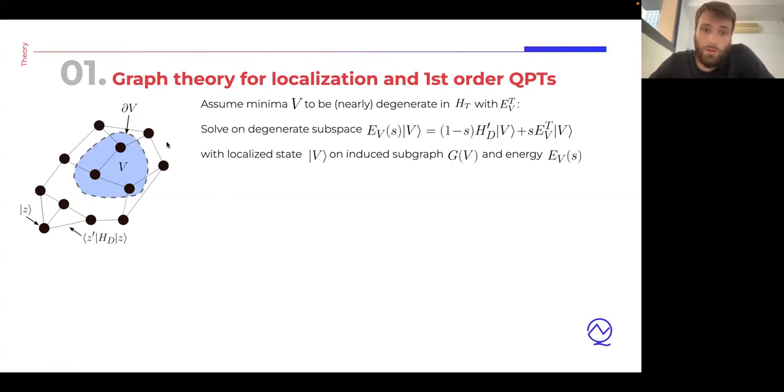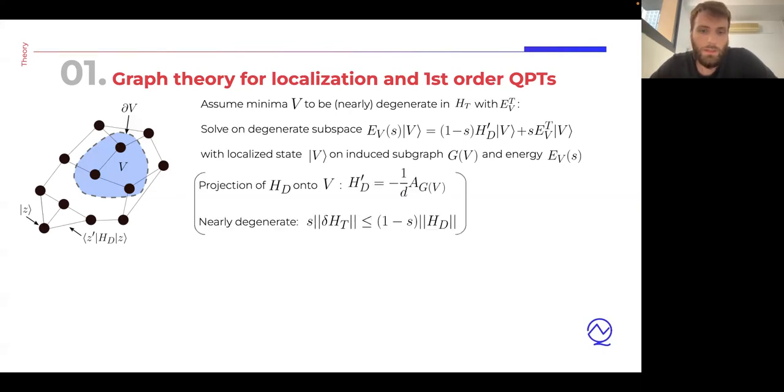Within this graph, there's going to be a certain subset of nodes that we call V, and the energies associated with the nodes in this subset V are going to be nearly degenerate, which means they're very close to some particular value, and we're just going to call this energy value E_T^V. And we're going to apply degenerate perturbation theory to learn something about the energies as we interpolate between the driver and the target Hamiltonian.